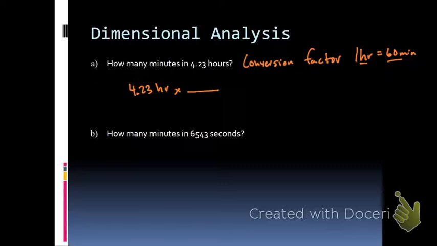And so here I'm going to multiply by the conversion factor. I have to choose which to put in the numerator and denominator, so like what part of the conversion factor. I'm going to choose to put the 1 hour on the bottom and then 60 minutes up top in the numerator because this allows me to cross cancel my units.